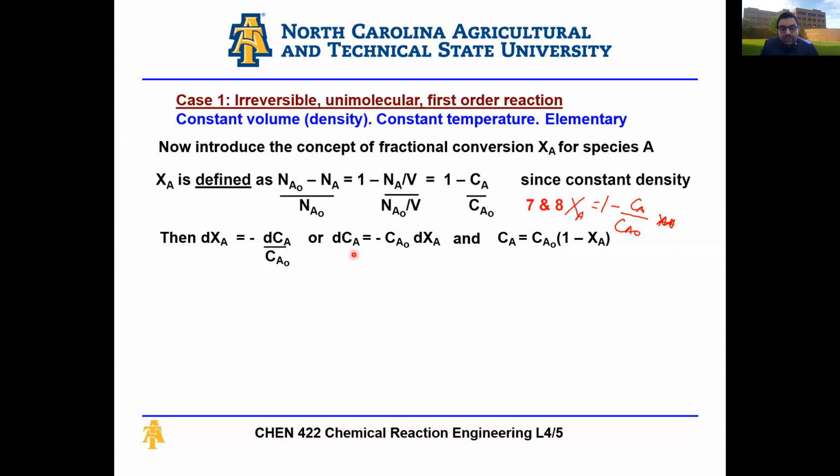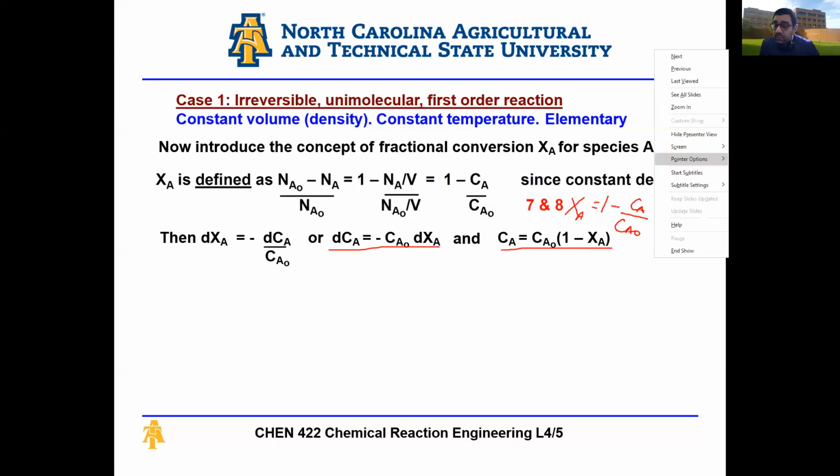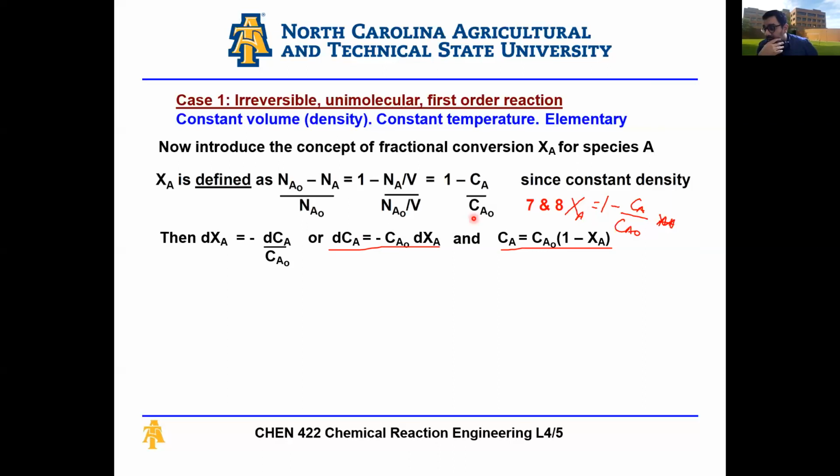And you can also rearrange that dCA is equal to minus CA naught dXA. If I move the CA naught to this side, minus CA naught dXA is equal to dCA. And if you integrate, you get CA equal to CA naught times 1 minus XA. Or you don't even need to integrate, you just rearrange this. Okay. So these two expressions here are tools when doing mathematical manipulations and similar things.